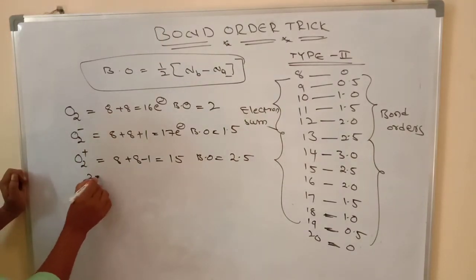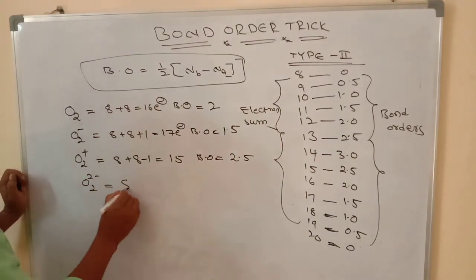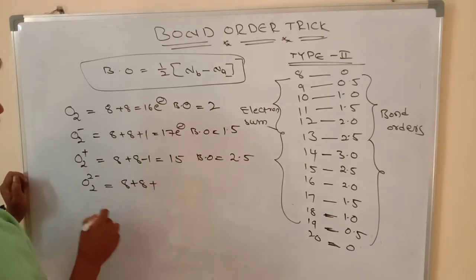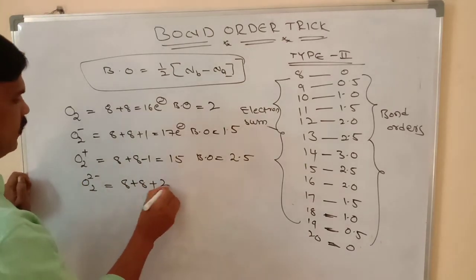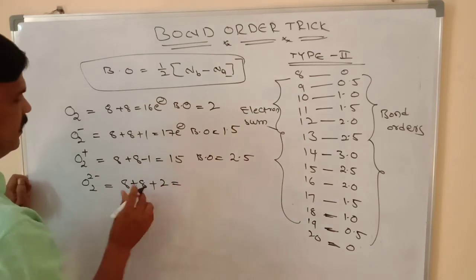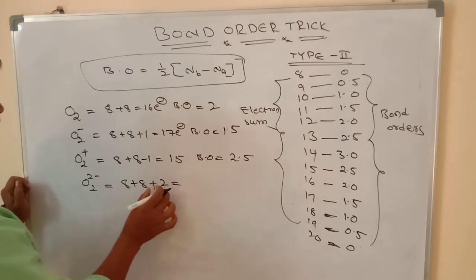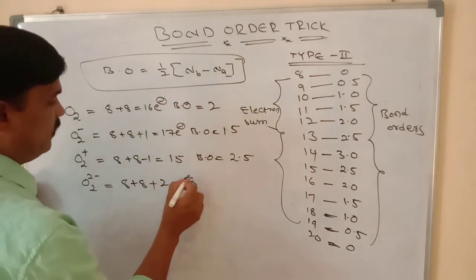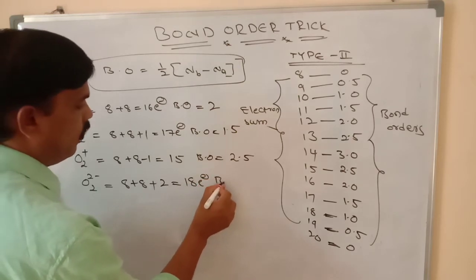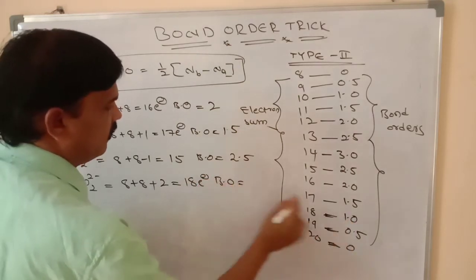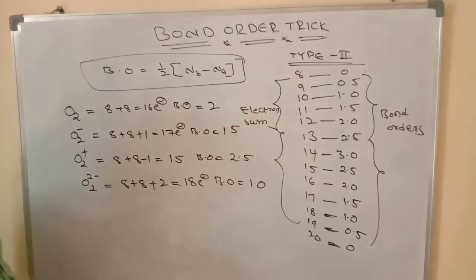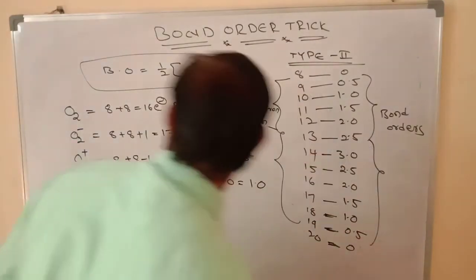For O2 2 minus, 8 plus 8 is 16, add 2 electrons for the 2 negative charges, giving 18 electrons, so the bond order is 1.0.